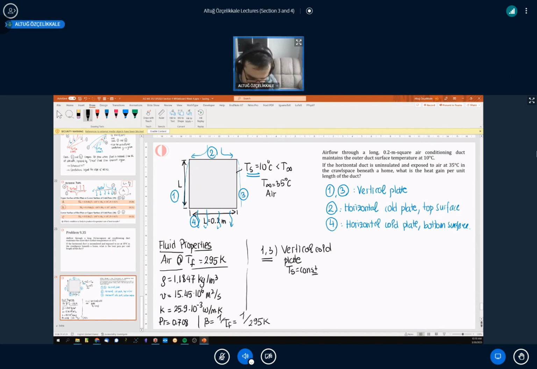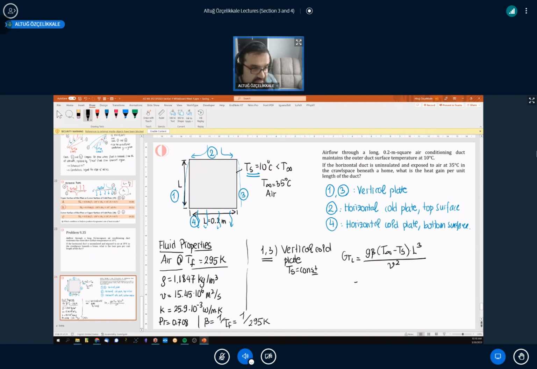We are going to calculate the Grashof number as g beta, absolute value of T infinity minus Ts, to make it positive, right? We are taking the absolute value of the temperature difference.